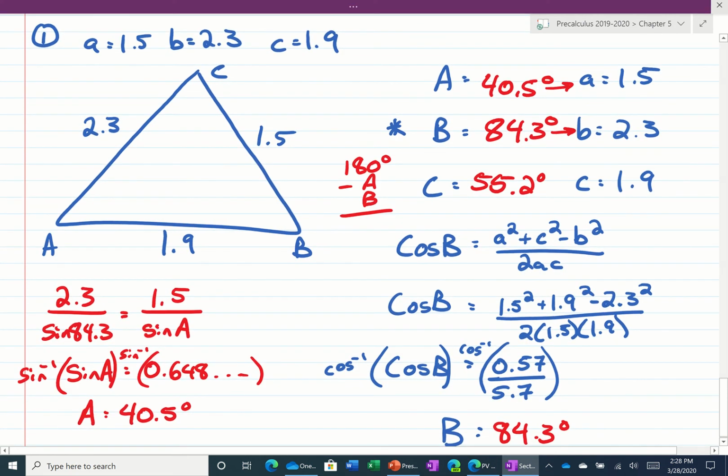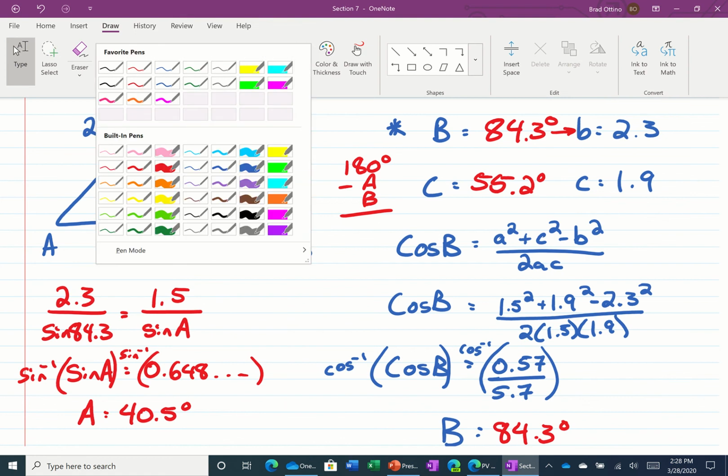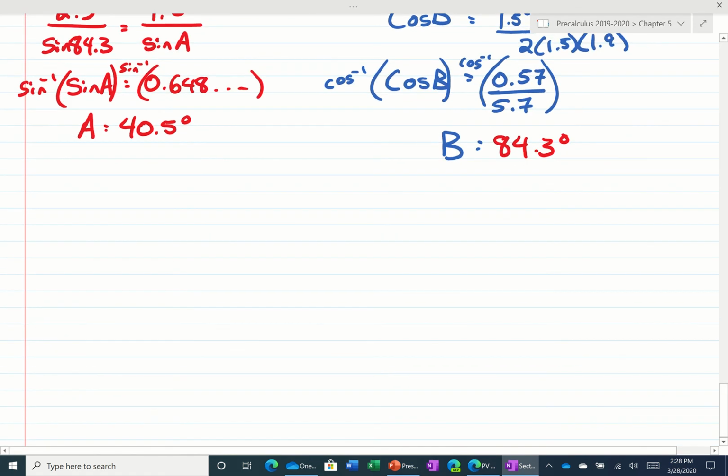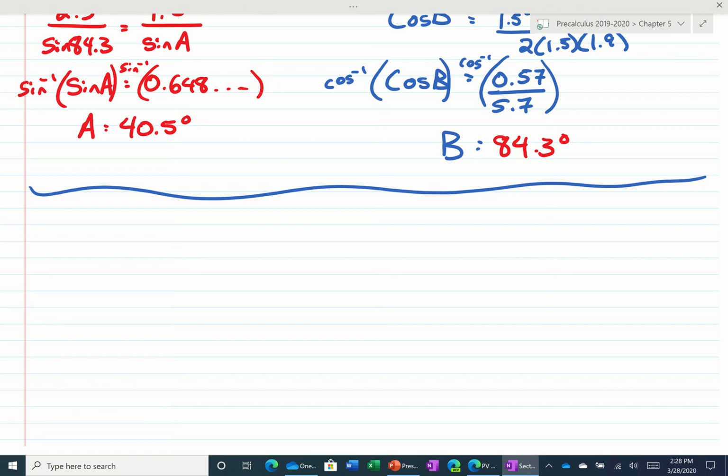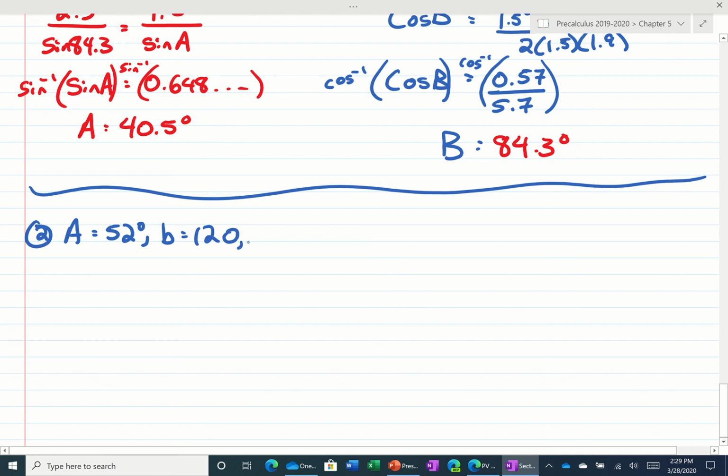Now let's do one where it gives you two sides and an angle between them. Let's try this one, where angle A is 52 degrees, side B is 120, and side C is 160.